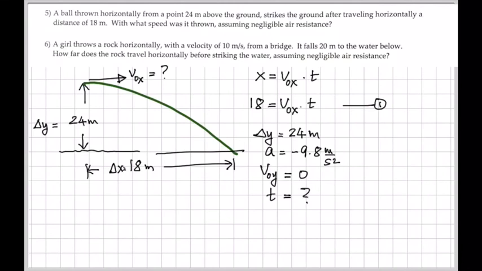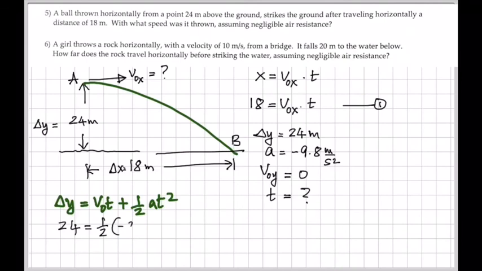So Voy is 0. And then time. So now the thing is, could you find the time it takes to go from A to B? Yes, you could, because you look at those quantities. You know the equation that you have to use, don't you? What's the equation that comes to your mind? Delta y is equal to v naught t plus 1/2 a t squared. And then you start plugging it into that. So you go 24 is equal to, first term gone because it's 0, 1/2 times negative 9.8 times t squared.